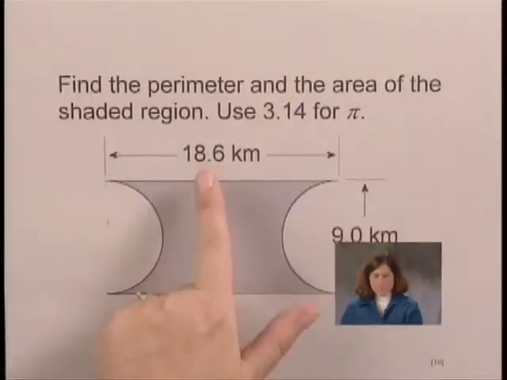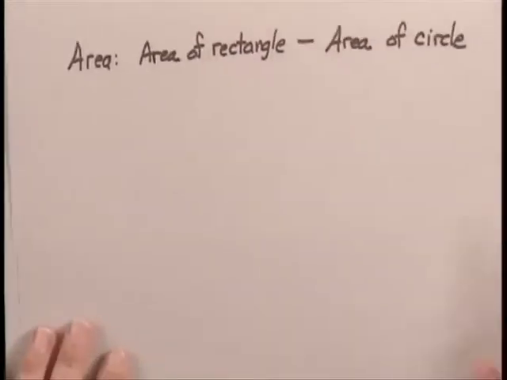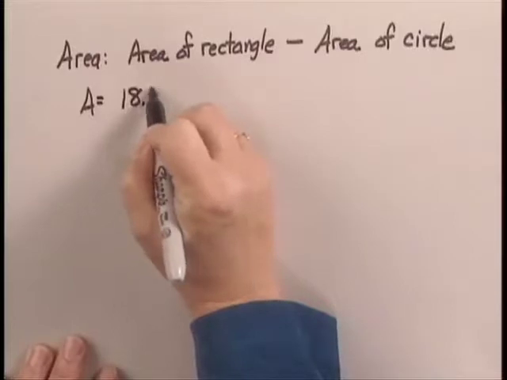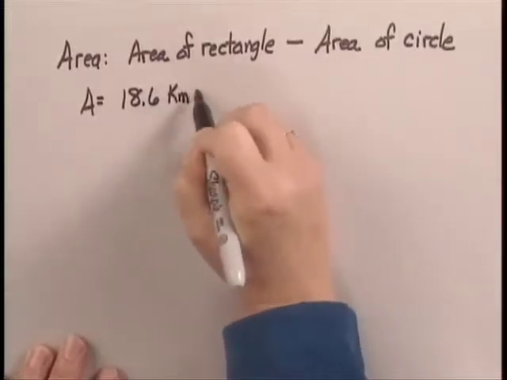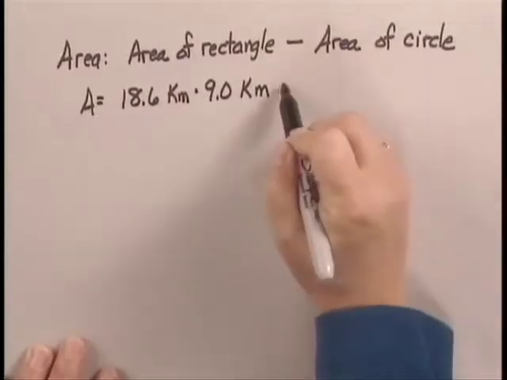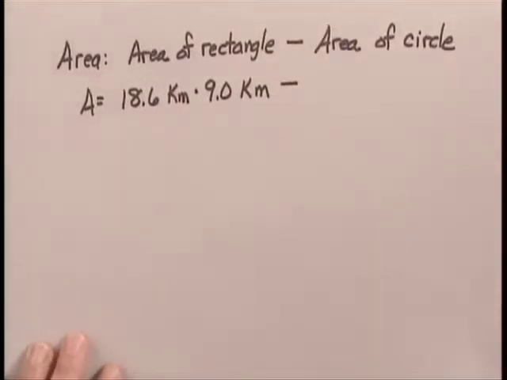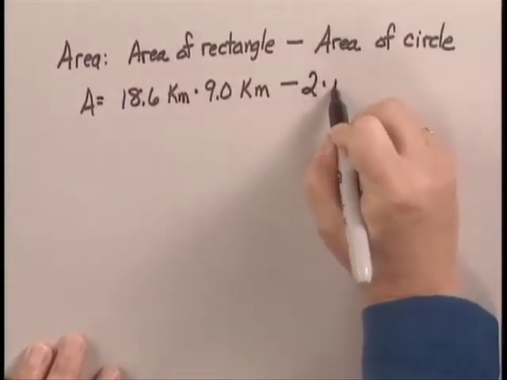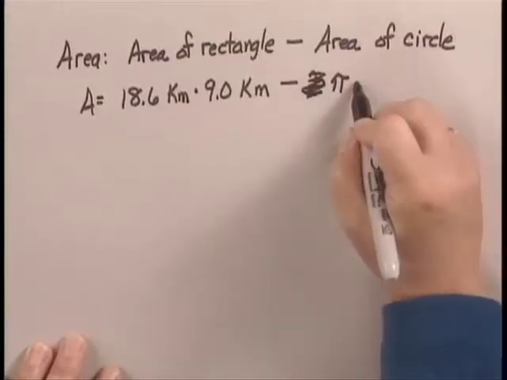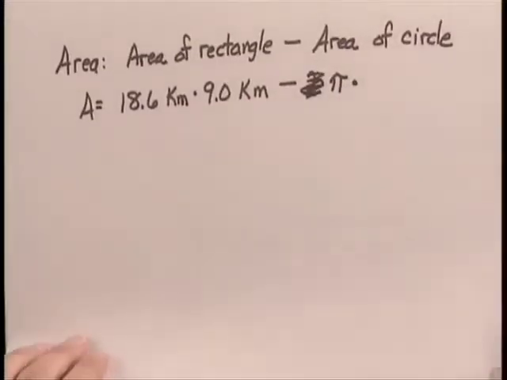The area of a rectangle is the length times the width. So the area would equal 18.6 kilometers times 9.0 kilometers. I want to subtract the area of the circle. The area of a circle is pi times r times r.